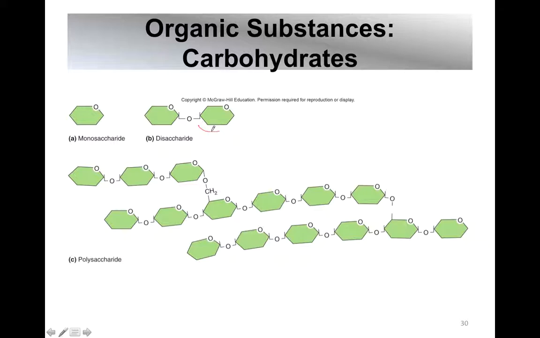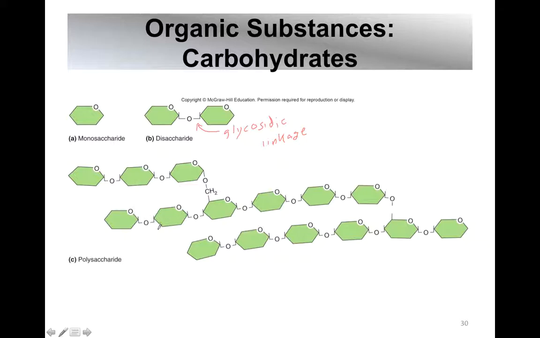So that bond right there is called a glycosidic linkage. Okay, glycosidic linkages help to form larger carbohydrate molecules by combining monosaccharides. Monosaccharides are the building blocks, or the monomers, for carbohydrates.